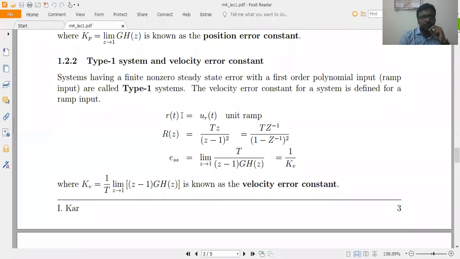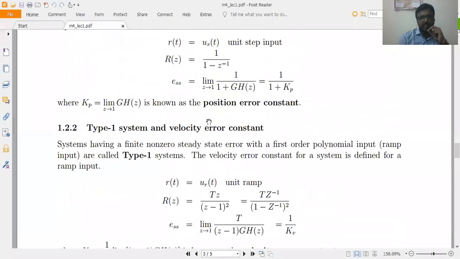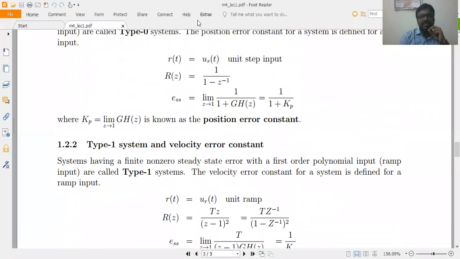Therefore, the input function r of t is the ramp function u into r of t; previously it was u into s of t because it was a step function.